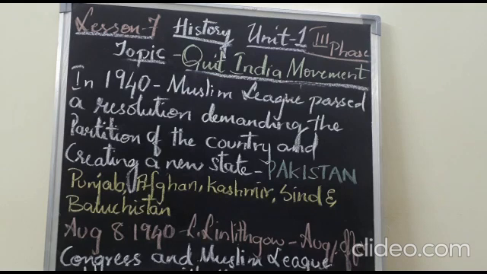I'm sure you would have understood how the word Pakistan was coined. So Pakistan was coined using Punjab, Afghania, Kashmir, Sindh and Balochistan. So in the year 1940, what did the Muslim League pass a resolution demanding? They demanded a partition of the country and the creation of a new state.